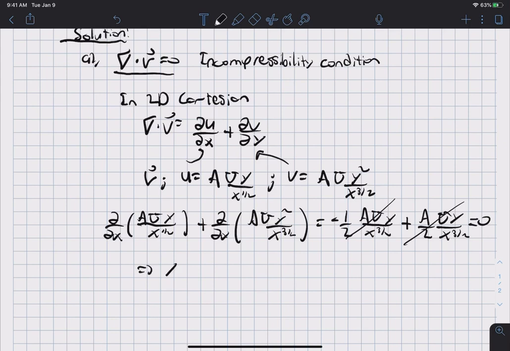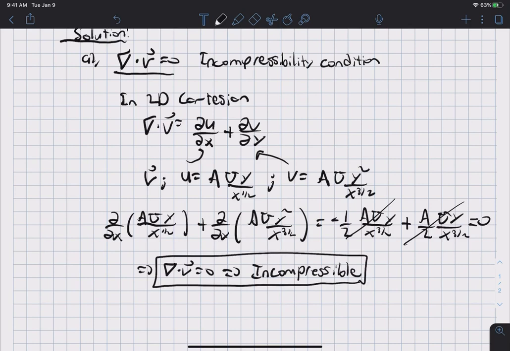So this implies that for the given velocity field, its divergence is equal to 0, which implies the flow is indeed incompressible. Okay, so we have basically proved that.